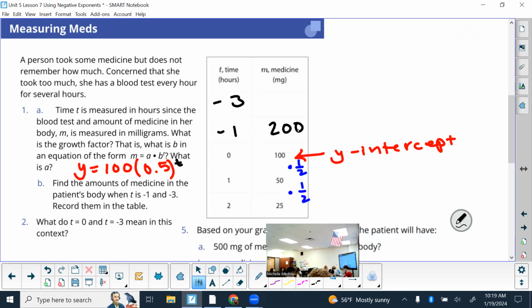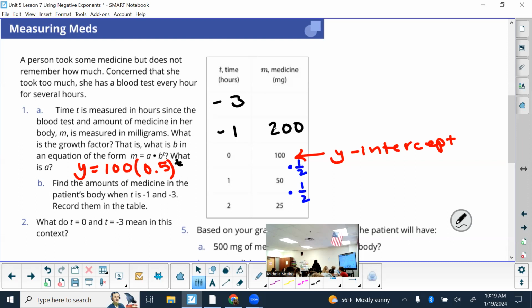Because if it's halving each time as we go forward, 1 hour before would be double. So it's kind of like the opposite, I guess. You're working backwards. Or just put it in your calculator and it'll tell you. 200 when the exponent is -1.